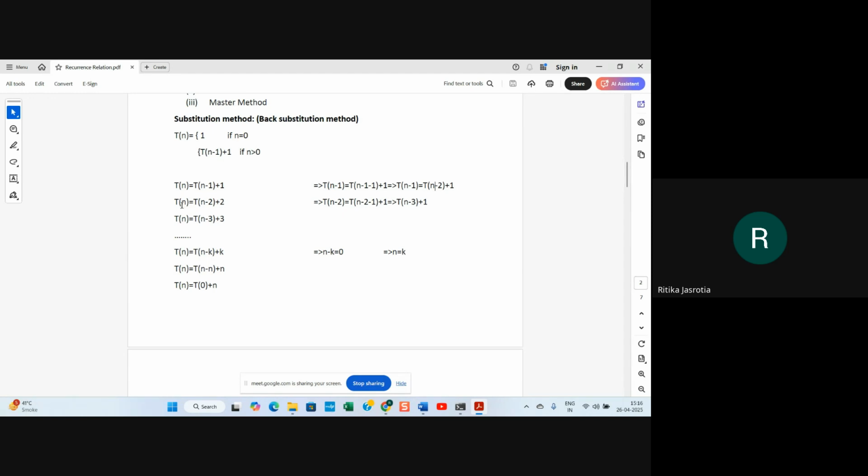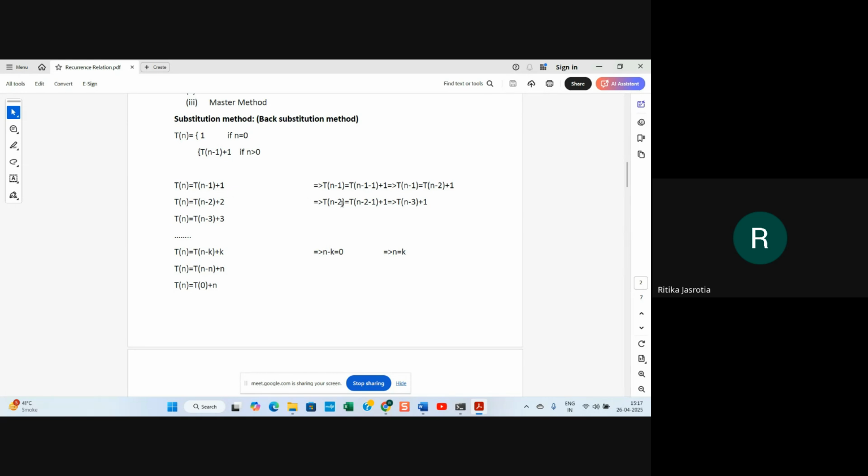Now, if we substitute minus 2 into this, again we are substituting. Suppose we are taking this equation, Tn minus 2 plus 2, and we substitute minus 2 here.